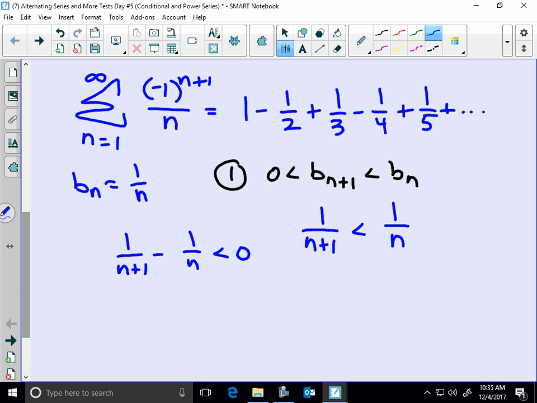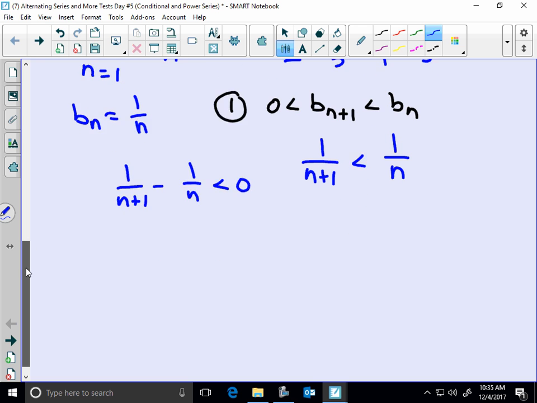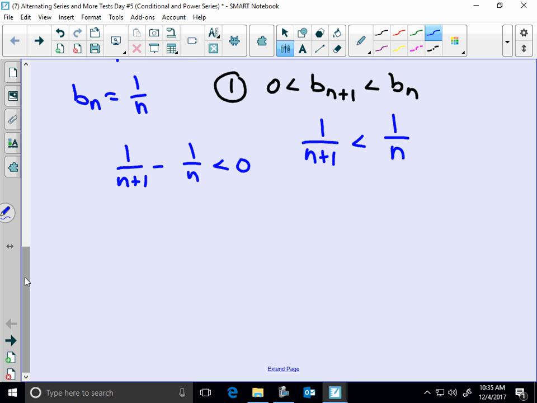Well, I have to get a common denominator. Plugging in numbers doesn't work that way. So I'll have n minus, and on the right side I'd have to multiply by n plus 1. This is fairly straightforward. I'm going to distribute the negative to both of those, so that would be a negative n minus 1.